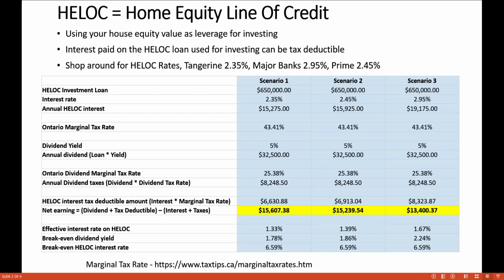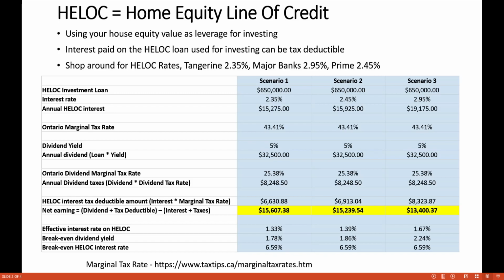I'm going to map out 3 scenarios using these 3 HELOC rates, and based on my scenario of taking out a $650,000 HELOC investment loan, you can see that the annual interest for a 2.35% interest rate would be around $15,275 that I would have to pay annually in HELOC interest.